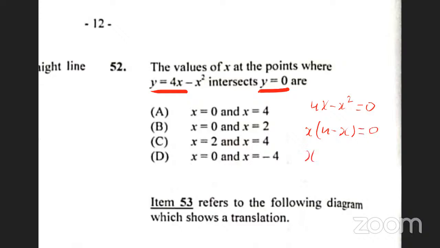Right, so the answers are x is 0, 4 minus x is 0. So x is 4 and x is 0.